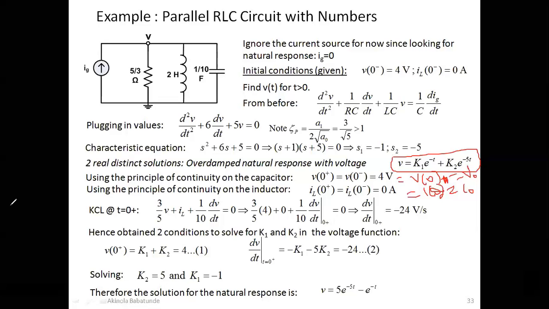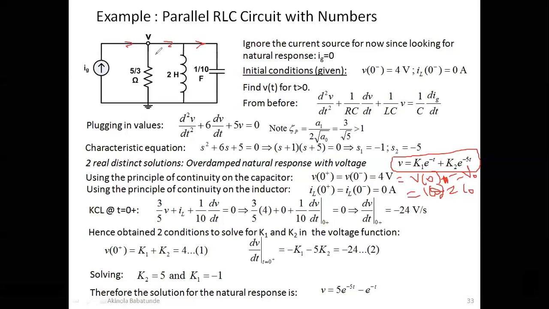If you take KCL when t is 0 plus, as you can see, you have 3 over 5 V plus IL plus 1 over 10 dV/dt equal to 0. The question you want to ask yourself is where did this come from?